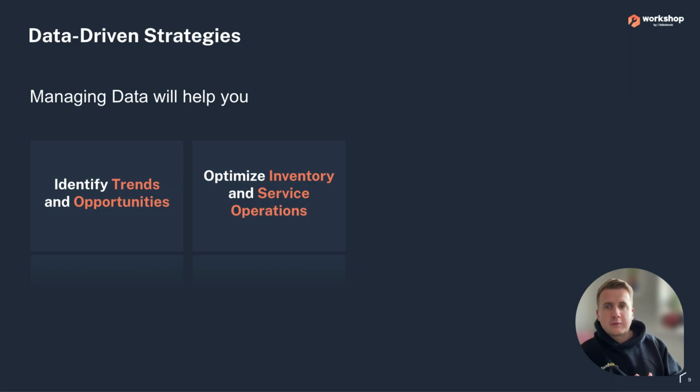In your service department, you could use software to analyze service department performance and optimize technician scheduling, identify bottlenecks, and improve turnaround times. And this is imperative. And thankfully, that's what Workshop is all about. Workshop and the back end system is all about making the service department side of your business as efficient as possible. So being able to identify those sorts of trends is imperative.